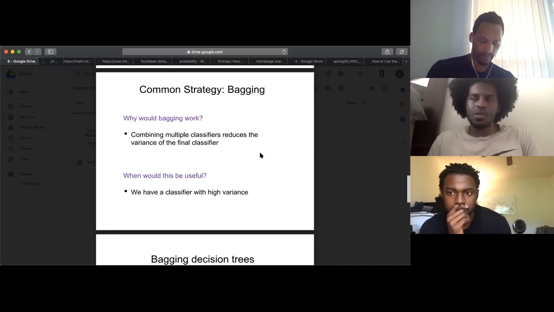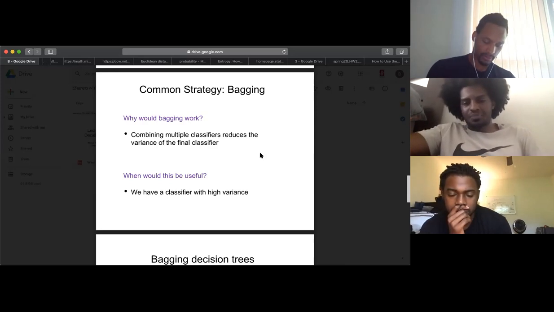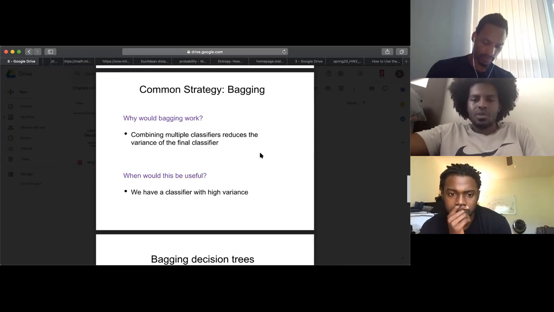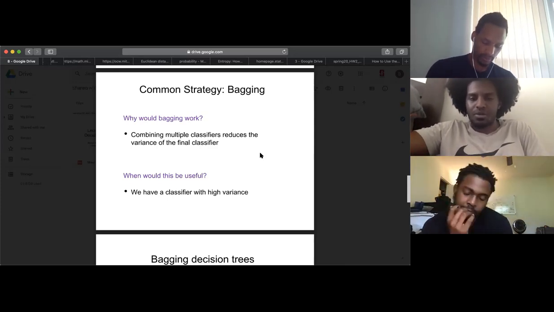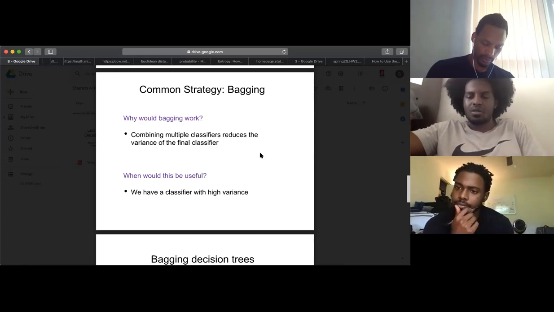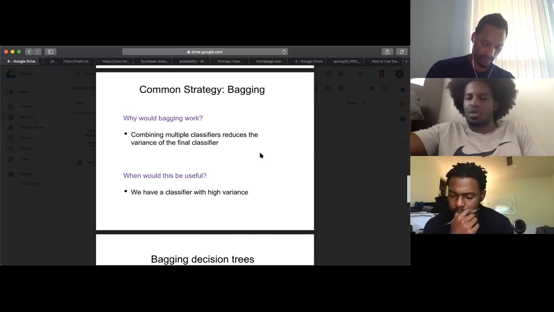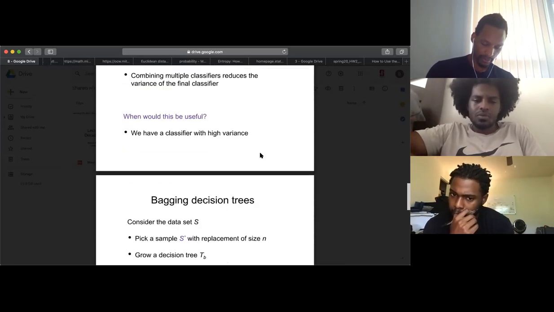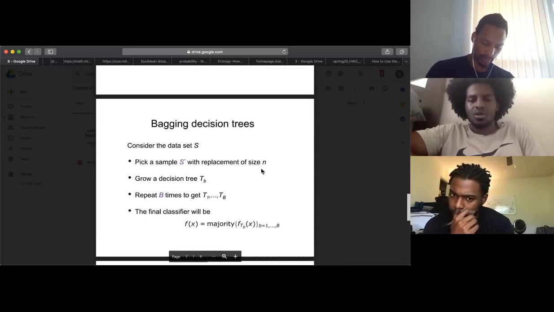If you have one really bad decision tree with high variance, which basically means a lot of these classifications are equally likely, it would be beneficial to create multiple trees that output with fewer features, get the outputs, and then come to consensus, because there's less variance between them. Bagging decision trees are also known as random forests.